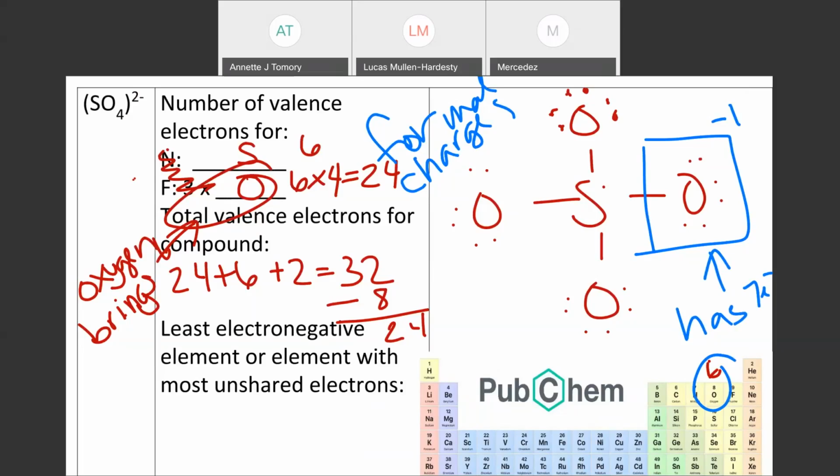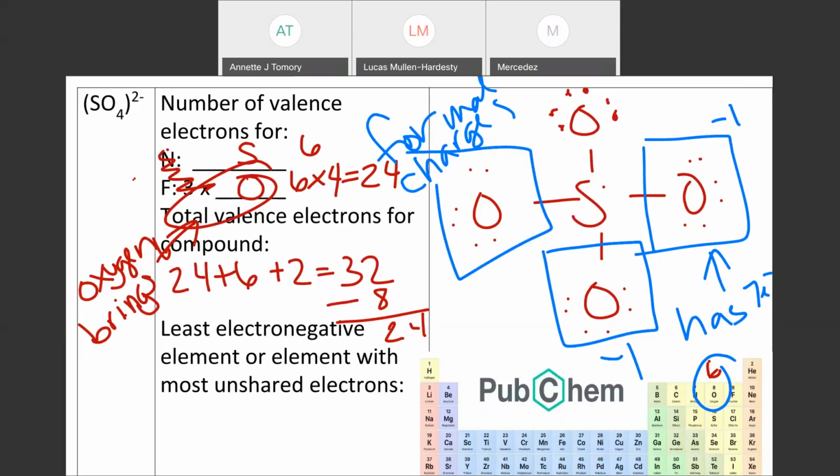However, when it bonds to follow the octet, it now has 7 electrons. It has an extra electron, so it has a -1 charge. You follow that? Yeah. And I can say this is a -1 for the same reason, and this is a -1 for the same reason. They are all -1 right now.